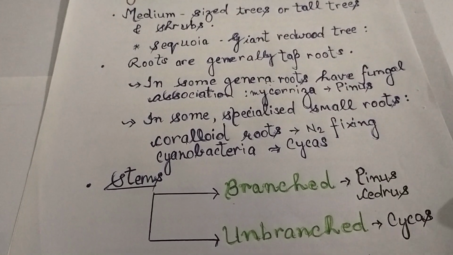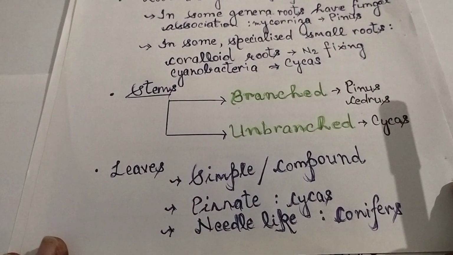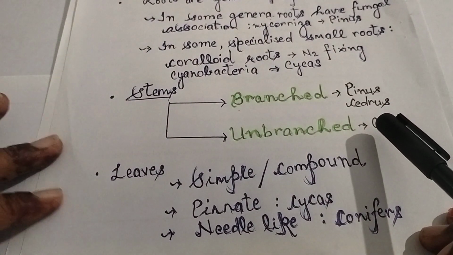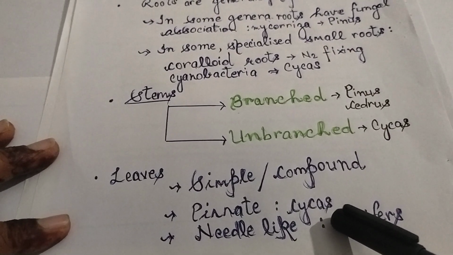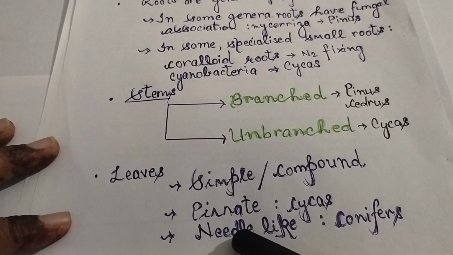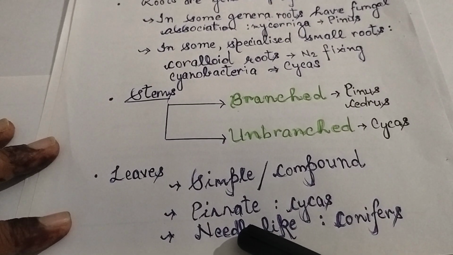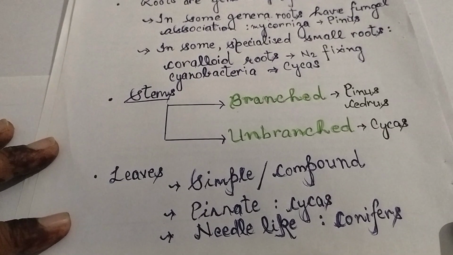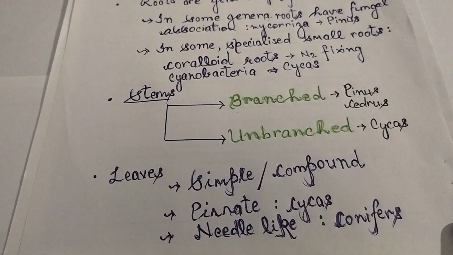Now next, leaves. Leaves in gymnosperms may be simple or compound. For example, in Cycas, pinnate leaves persist for a few years, and leaves in gymnosperms are well developed, well adapted.